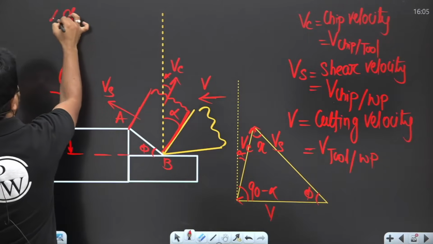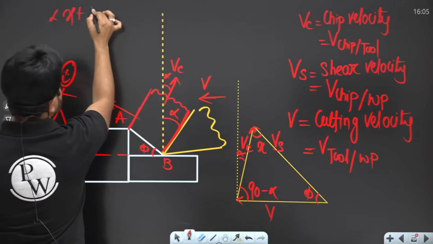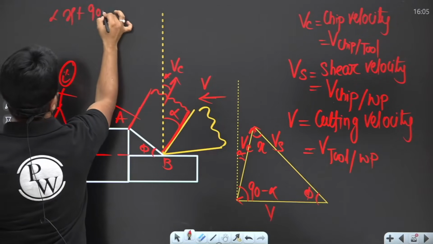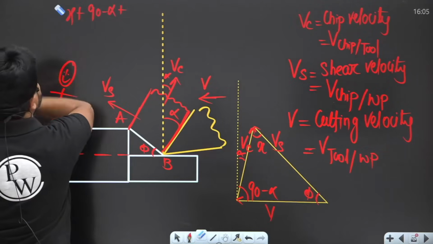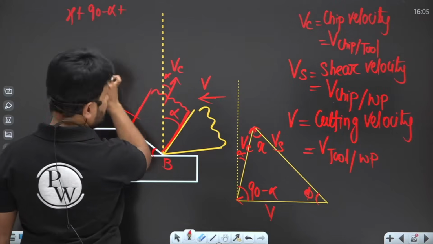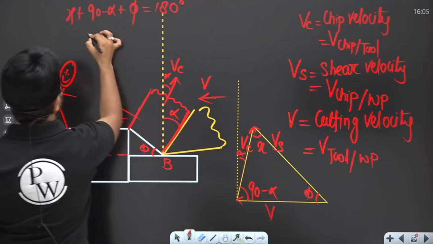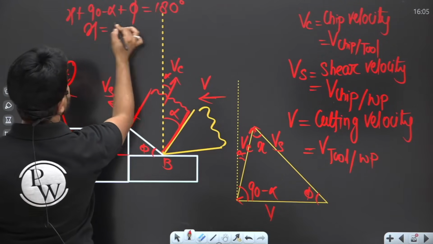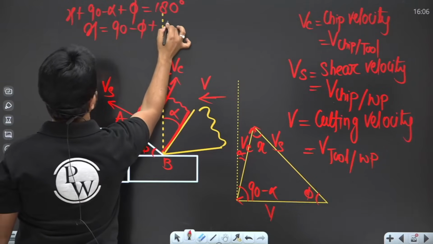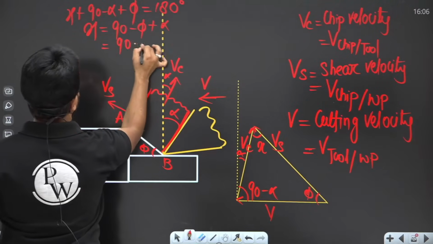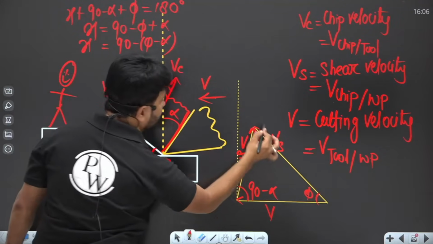Because we know that the sum of the angles of a triangle is 180 degrees: x plus 90 minus alpha plus phi equals 180 degrees. So x is 90 minus phi plus alpha, or you can write 90 minus phi minus alpha, right? This is the value of x.